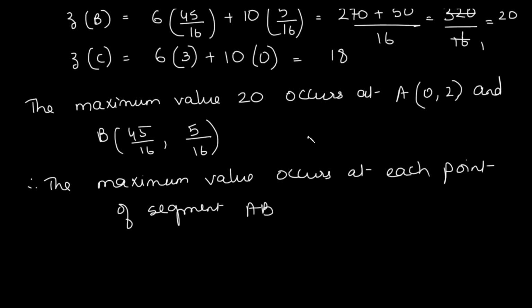See, if this is A and this is B, both of them have the same maximum value. Then all the points of segment AB would also have the same maximum value if we try to plot them there. So that means we have infinite number of maximum values. So we cannot actually optimize the solution at all.